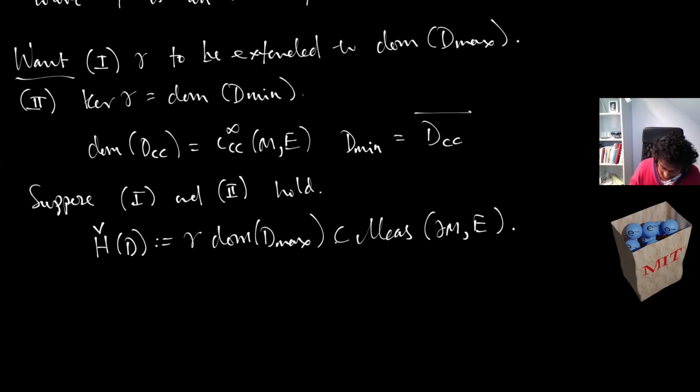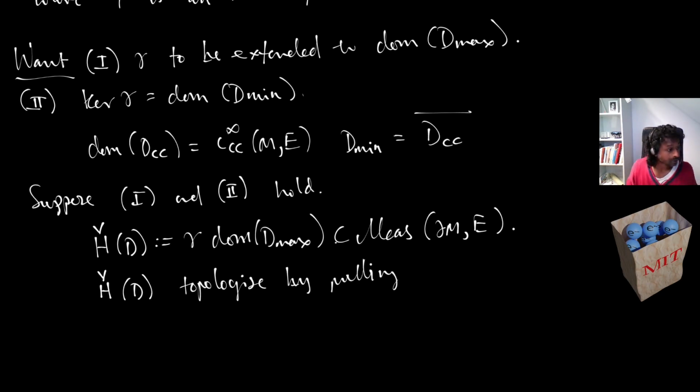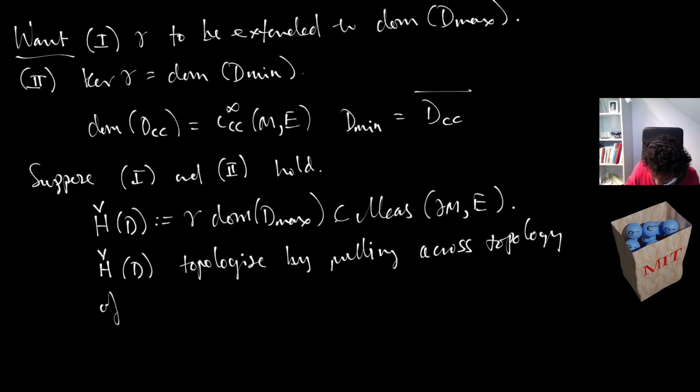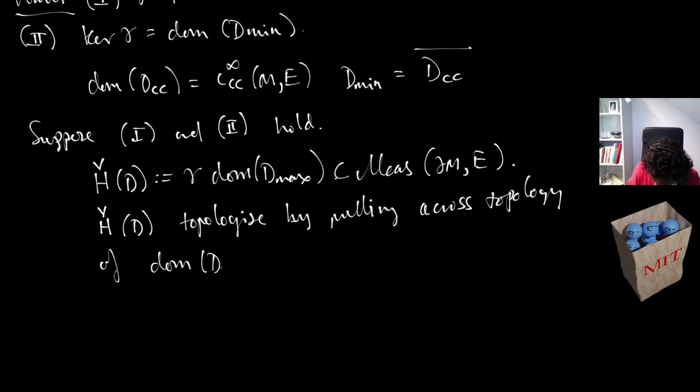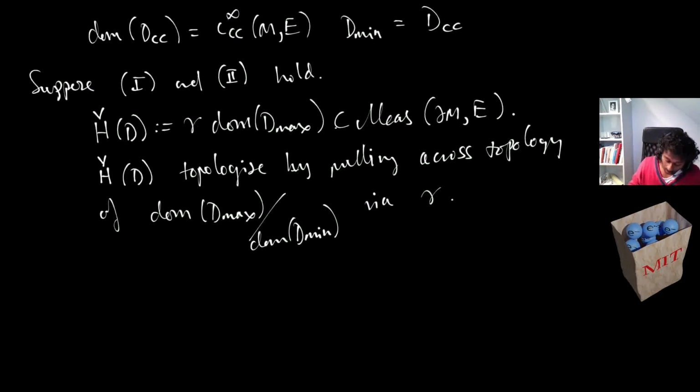And I'm going to topologize this space by pulling across the topology of DOM D max mod out DOM D min via gamma. Okay. So what do we end up with then?